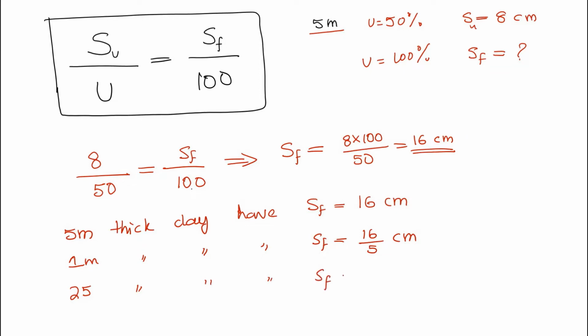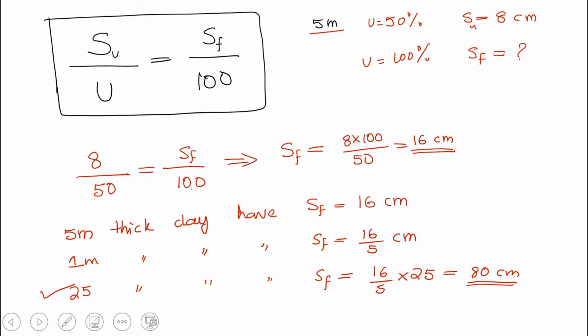It will have a final settlement of 16 by 5 into 25. What is 16 by 5 into 25? 16 into 5, that is 80 centimeter. So we have calculated the final settlement for the 25 meter thick clay layer.